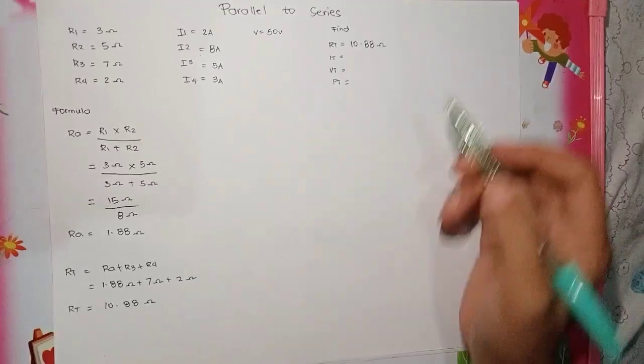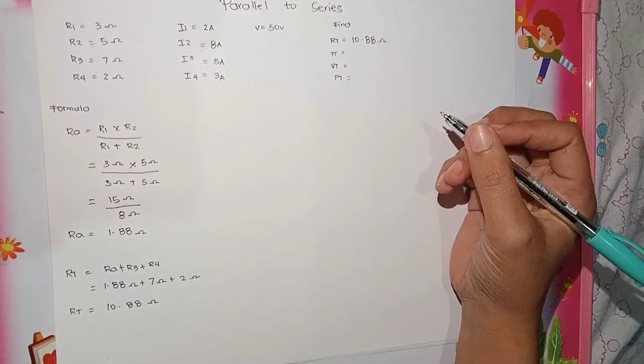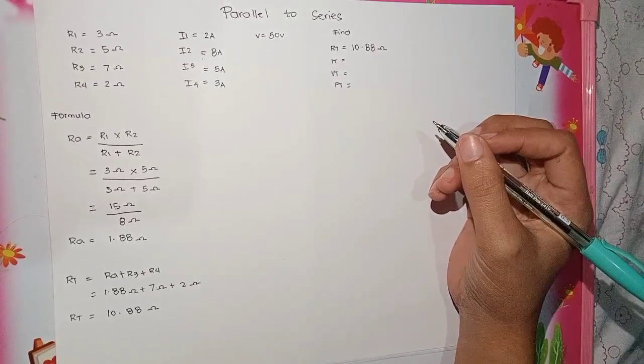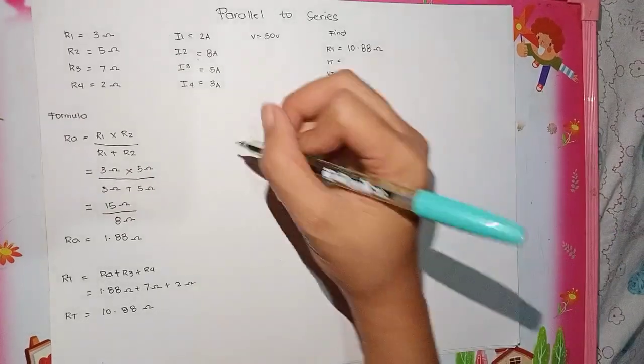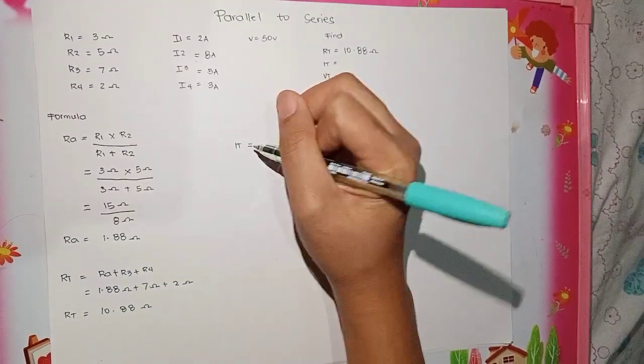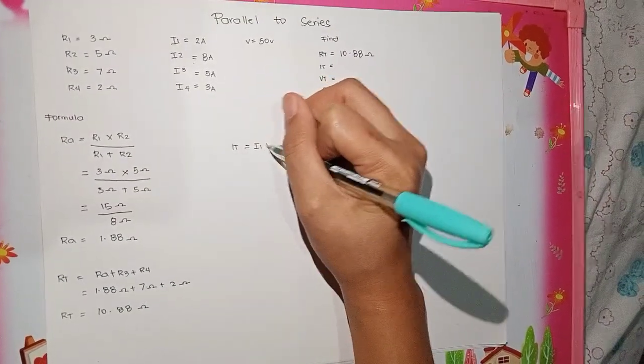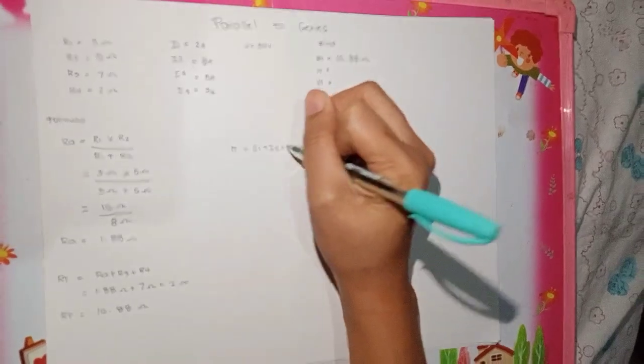Now, let's find the total current. In computing the total current, the formula is total current equals I1 plus I2 plus I3 plus I4.